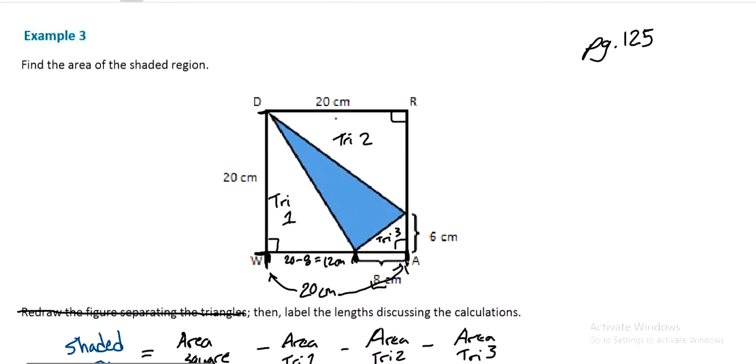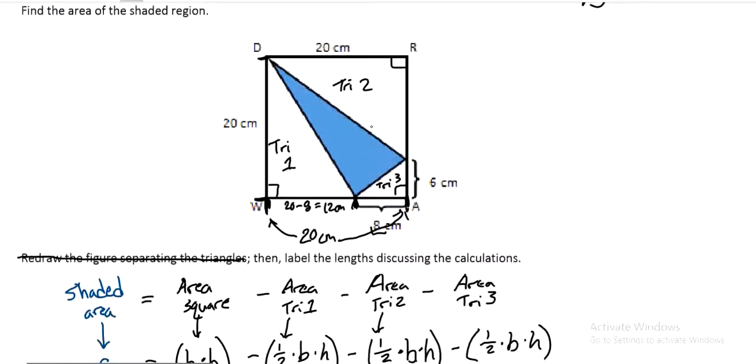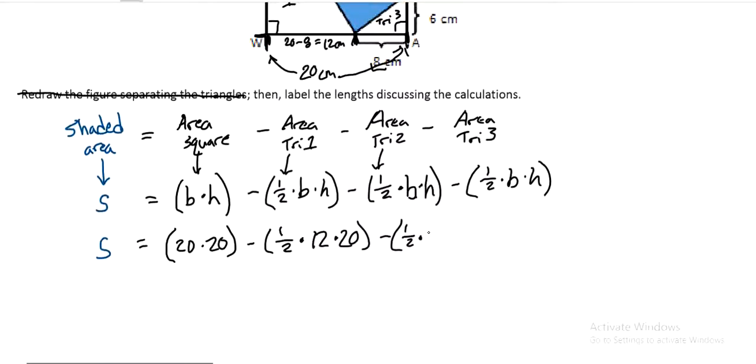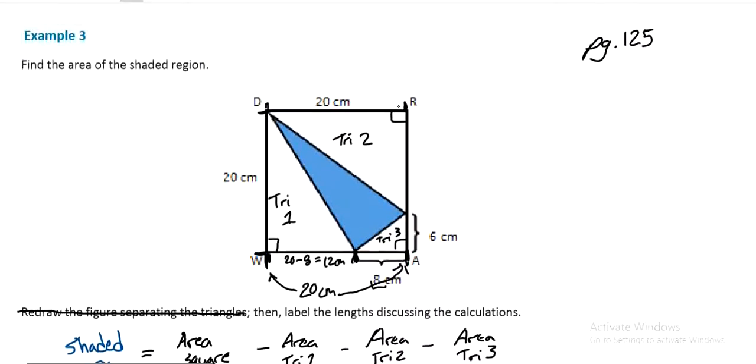So let's look at the area of triangle 2. The base we can see is 20. From here to here is a base of 20. So I'll put 20 in, times. Now the height, similar situation. We know the distance all the way up and down this side of the square is 20 centimeters.